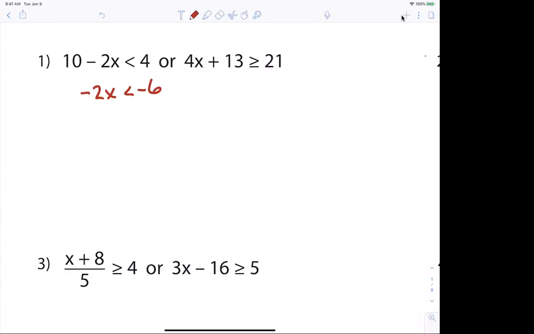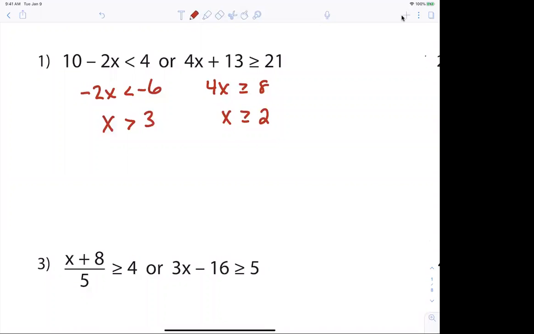Remember, when you divide by a negative, you change the inequality sign. So x is greater than 3. On the second part, 4x is greater than or equal to 8, so x is greater than or equal to 2.